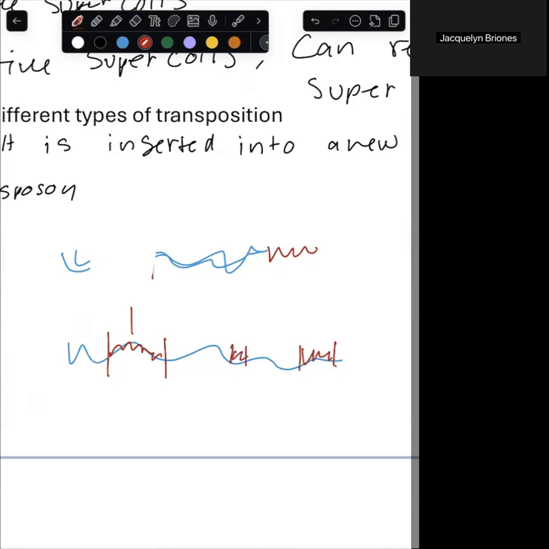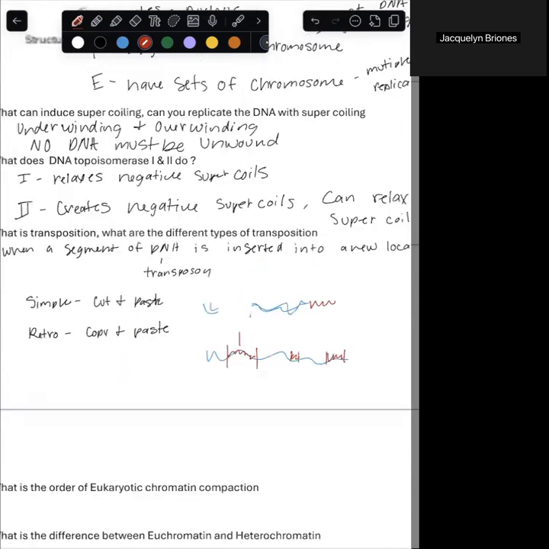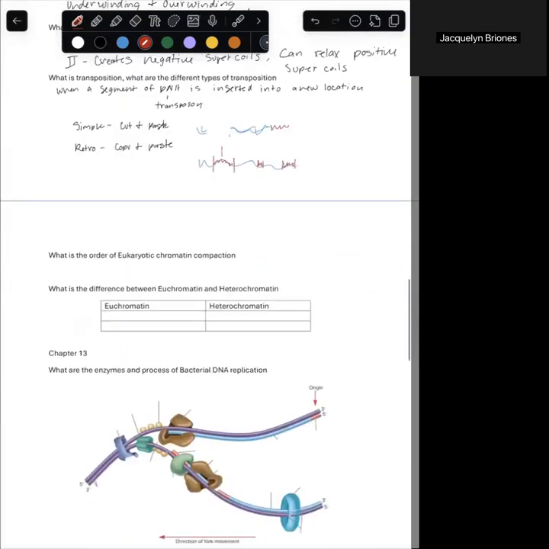But the original is still there, versus cut and paste, where it's gone from the original spot. And this happens from the use of reverse transcriptase. Sounds familiar? Okay. Sorry for my bad drawing.